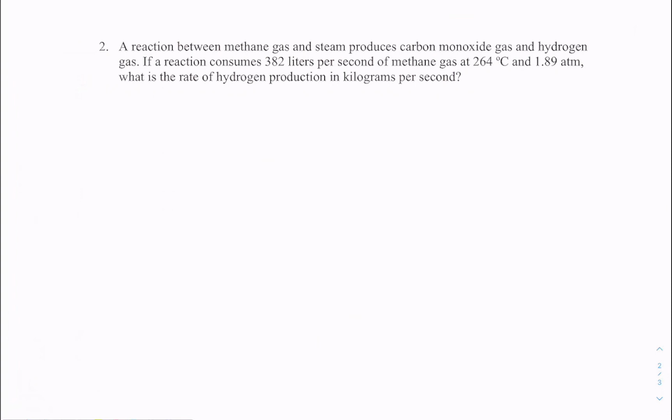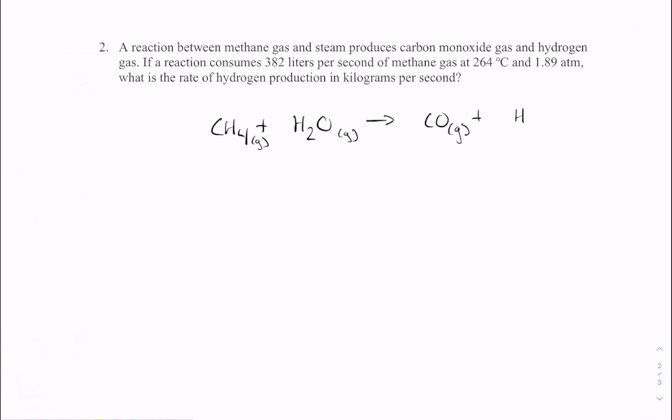Write a chemical equation. So we've got methane gas, CH4. Steam is water. And we're producing carbon monoxide and hydrogen. Cool.